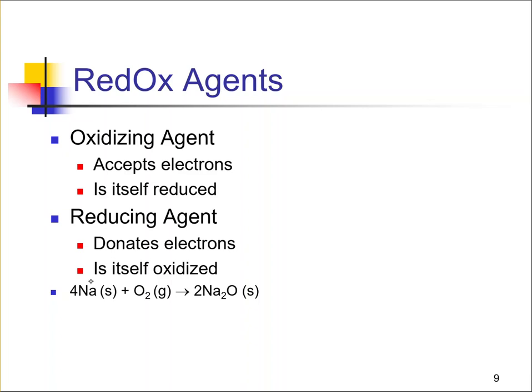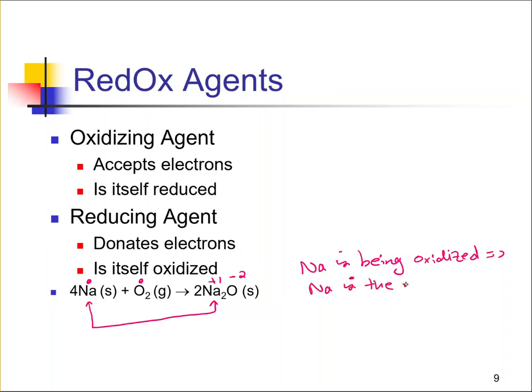Here the oxidation number of sodium is 0, oxygen is 0, then negative 2, and positive 1. Here sodium is going from a 0 to positive 1. So sodium is being oxidized, meaning that it's releasing an electron, meaning that sodium is the reducing agent.